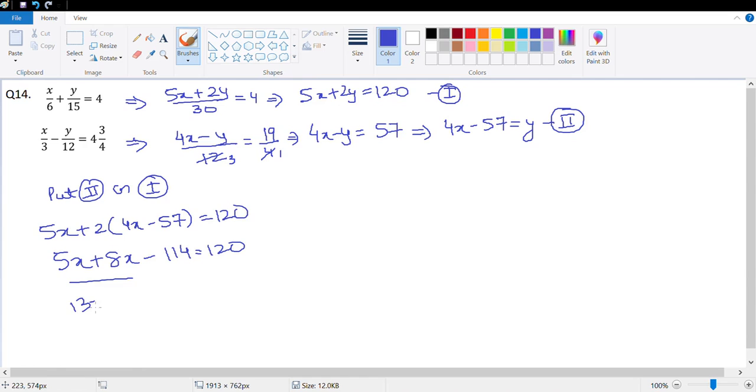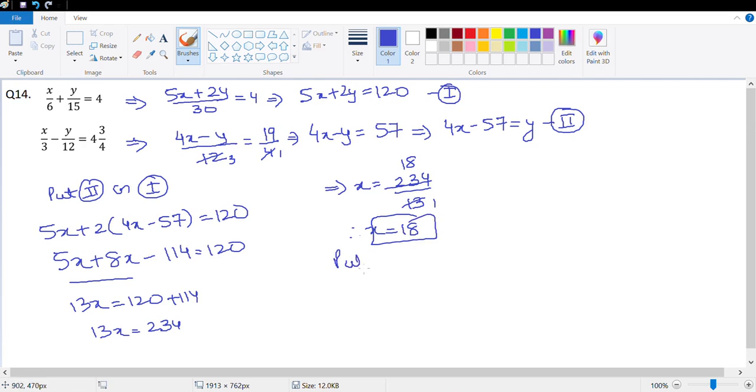This is 13x is equal to 120 plus 114. 13x is equal to 234, which means x is equal to 234 upon 13. 13 1s are 13, 13 8s are 104. Therefore, x is equal to 18.